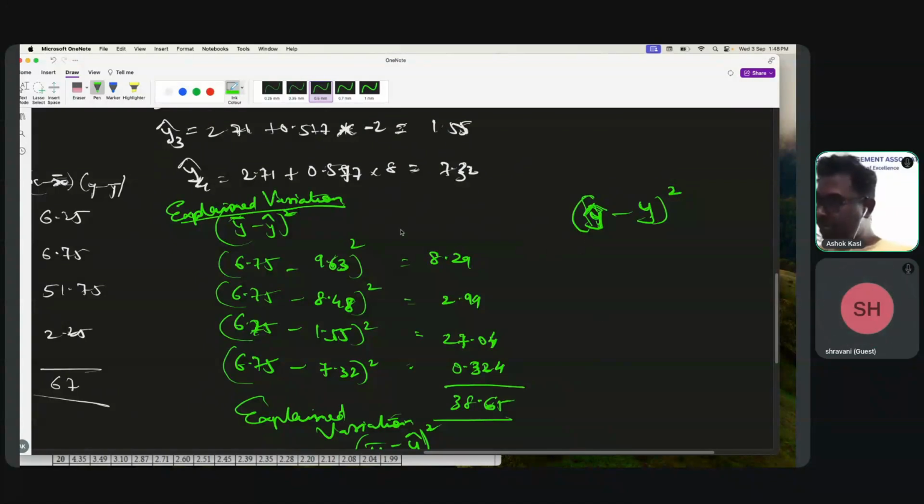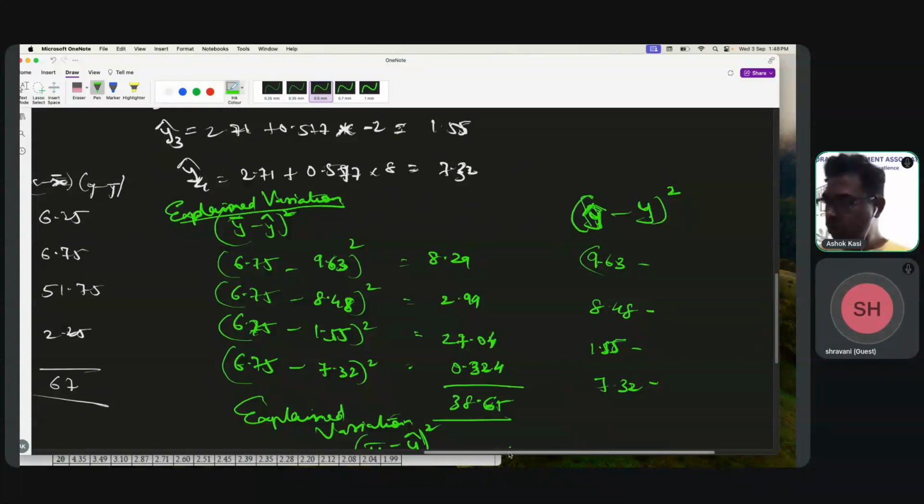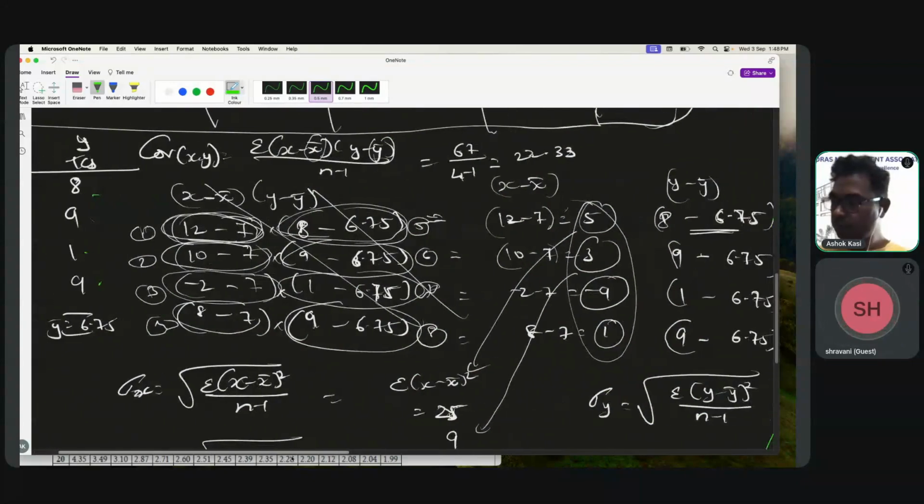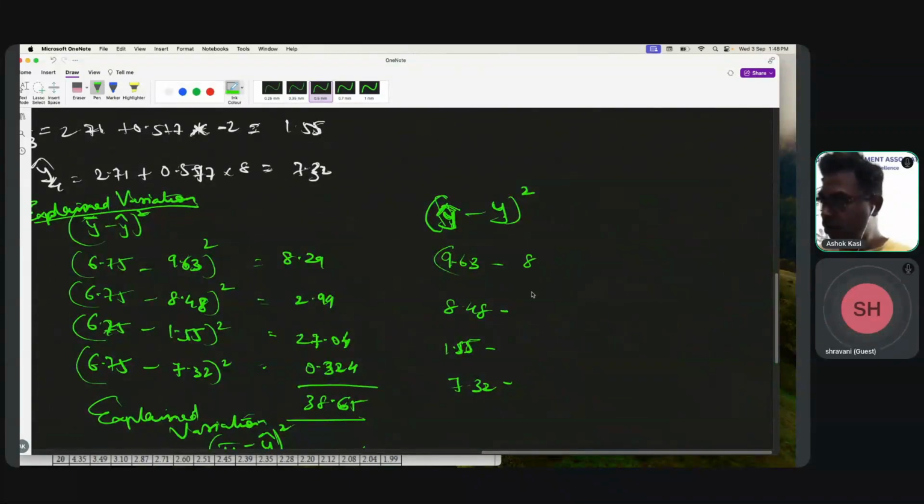So y hat is 9.63, 8.48, 1.55, 7.32. Y's value is 8, 9, 1, 9. Square.